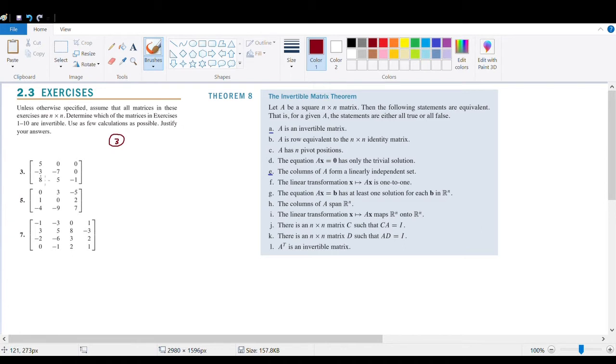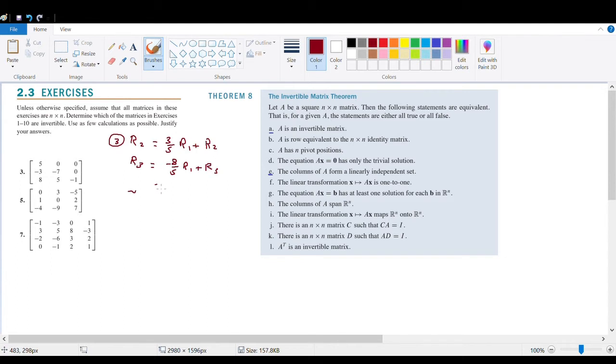So we may do the row operations. We may put this one to be 0, this one also to be 0. So row 2 is equal to 3 over 5 row 1 plus row 2, and we may do another row operation: row 3 is equal to minus 8 over 5 row 1 plus row 3.